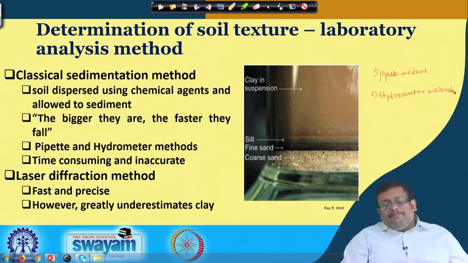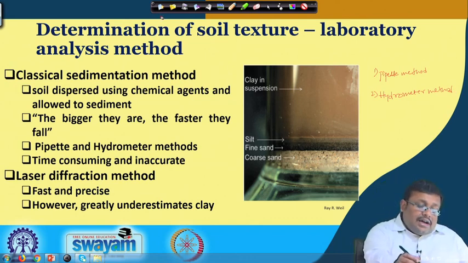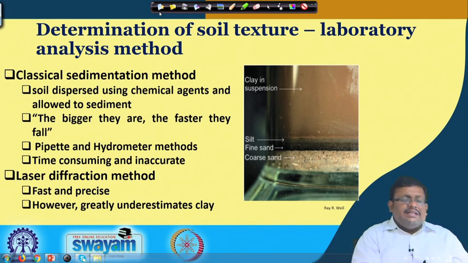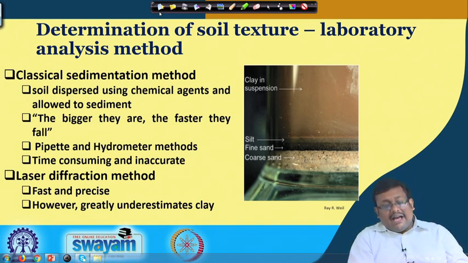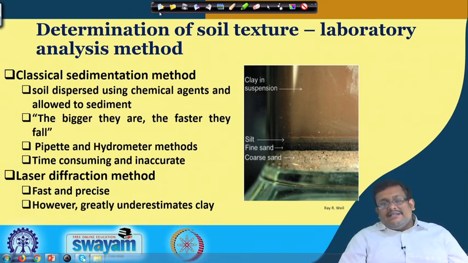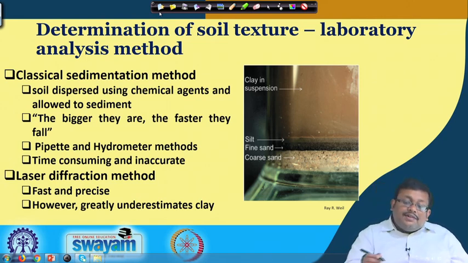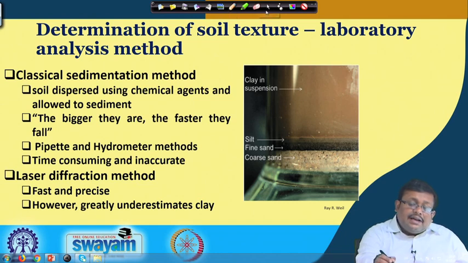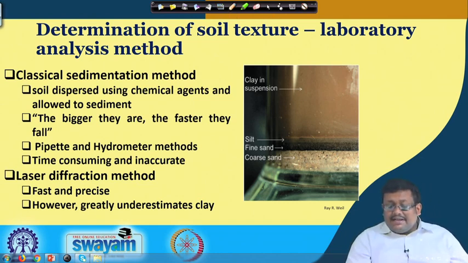So, nowadays soil scientists measure soil particle size or soil texture using the laser diffraction method, and we call it the laser diffraction particle size analyzer. It is very fast and precise, but sometimes it underestimates clay. That is one of the drawbacks of this laser diffraction particle size analyzer.